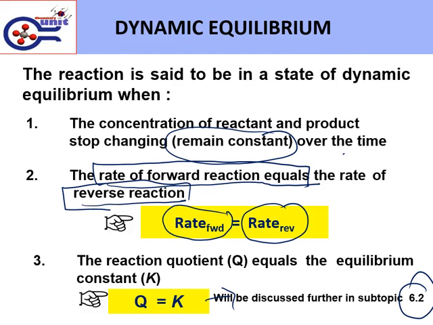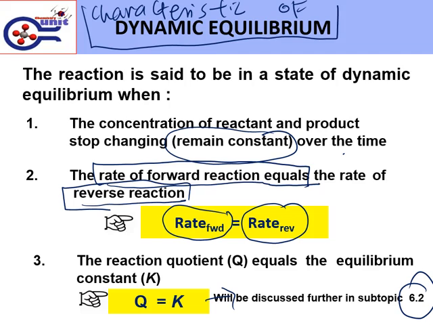Kalau soalan tanya, what is the characteristic of the dynamic equilibrium? So ada 3 karakteristik of dynamic equilibrium. Yang pertama, the concentration of the reactant and product stop changing. Yang kedua, the rate for the forward reaction, which is the formation of the product, is equal to the rate for the reverse reaction, which is the rate for the formation of the reactant.